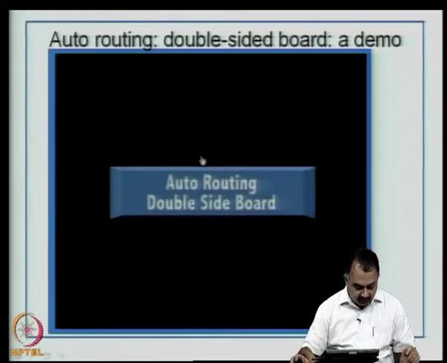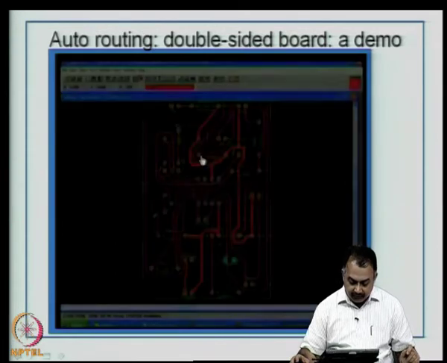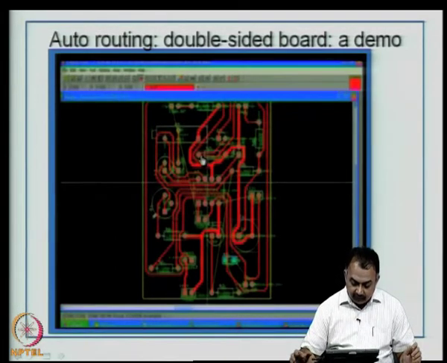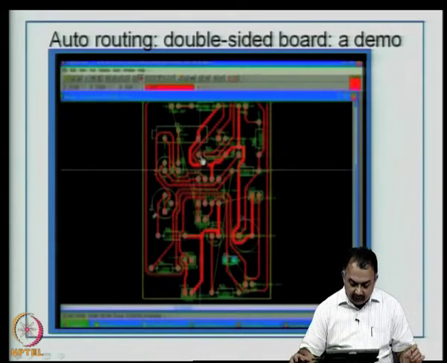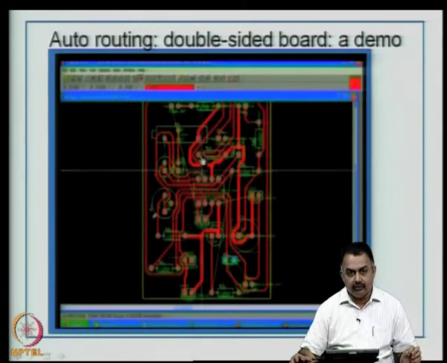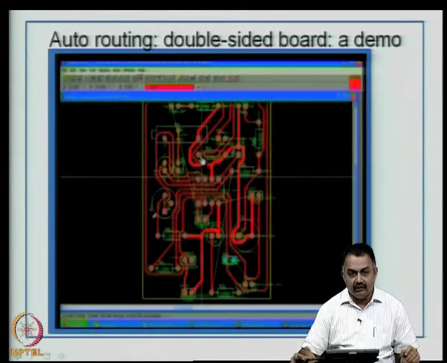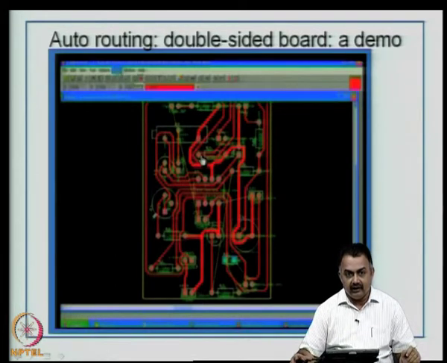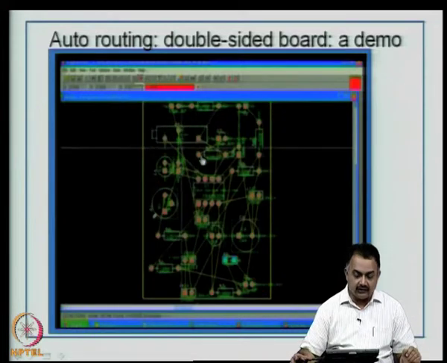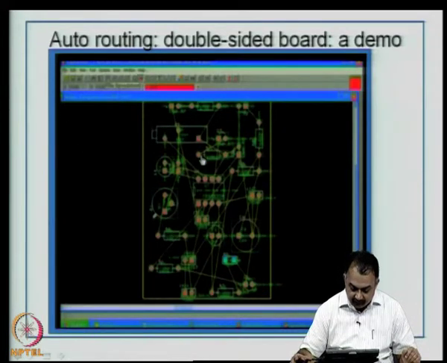So, now this demo is for a double sided board. The same design is now imported, is now used. The first thing that you will do to check a double sided auto routing is that you discard all the nets. So, go to the tool where you will unroute this entire set of nets that you have done on the basis of a single sided routing strategy.